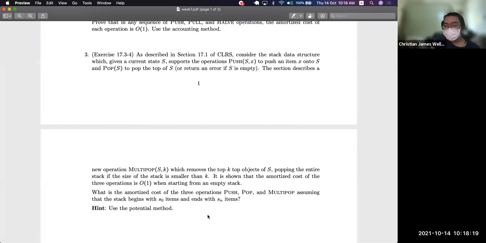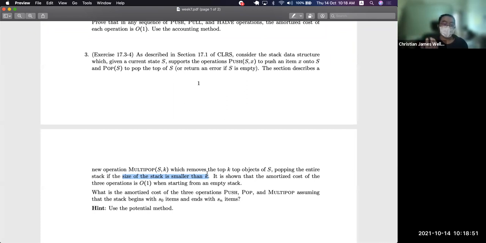I do not think that might be a reasonable assumption, because he explicitly mentioned popping the entire stack if the size of the stack is smaller than K. Because he mentioned this in particular, I imagine that he has in mind that you can call multi-pop even on an empty stack.